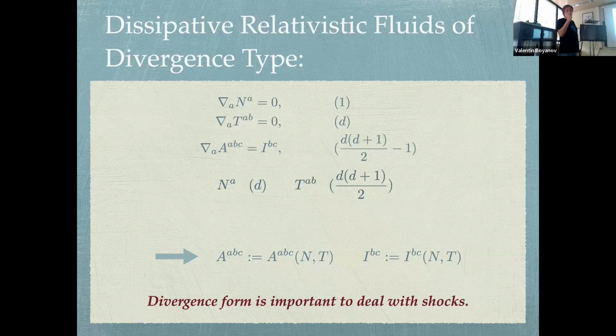Because it's a hyperbolic system, generic and not degenerate, so you expect that even smooth data will produce shocks. And if we are going to deal with shocks, we need a system of conservation laws so that we can make sense of shocks mathematically and numerically. So it's good to have a system in conservation form. Right? Otherwise, we don't know how to compute anything, and we don't have an analytical theory either.